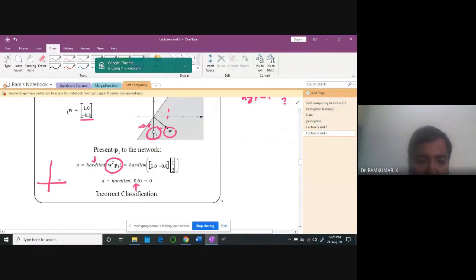Minus 0.6 means, compare here the data. With the given set of weights, I obtain 0.